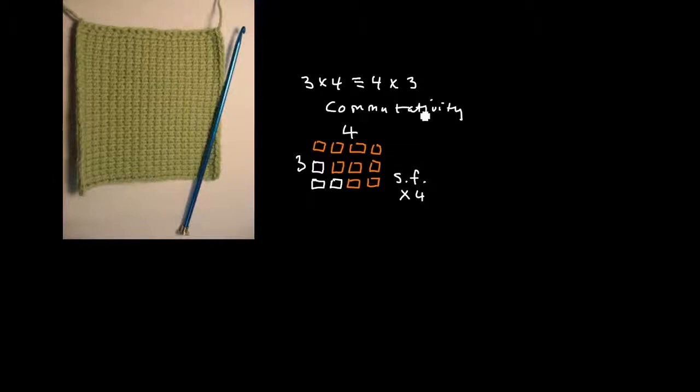And this is what we call commutativity. We've seen already that addition is commutative, and so multiplication is as well.